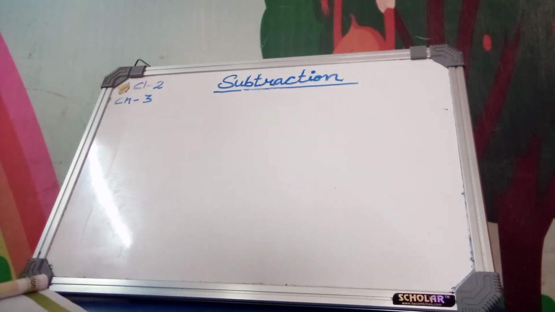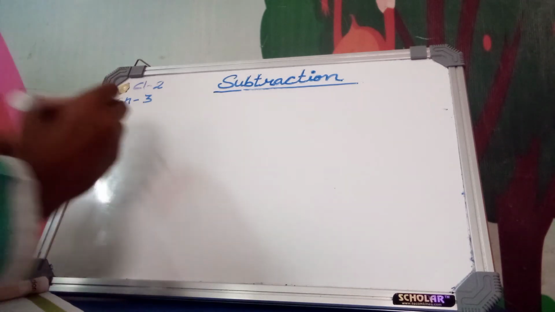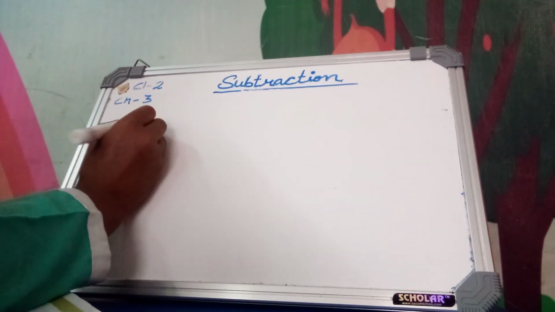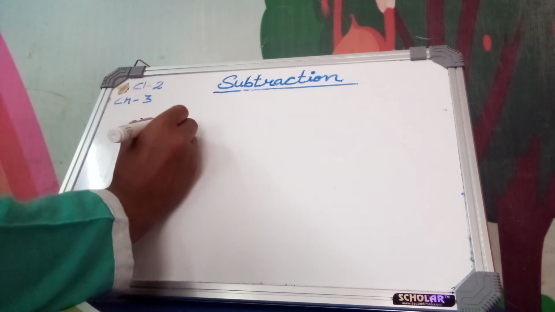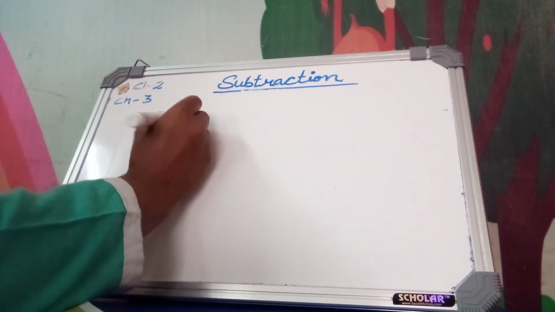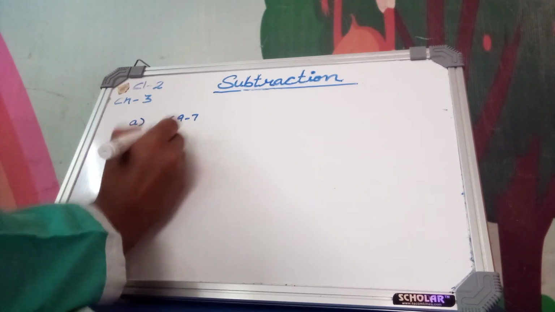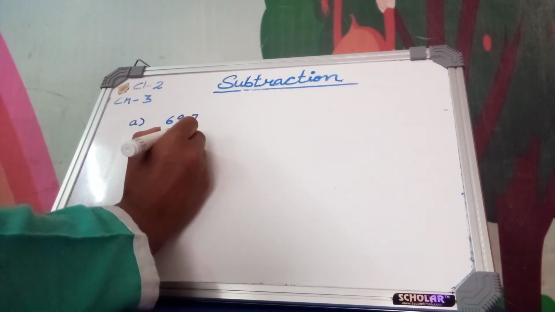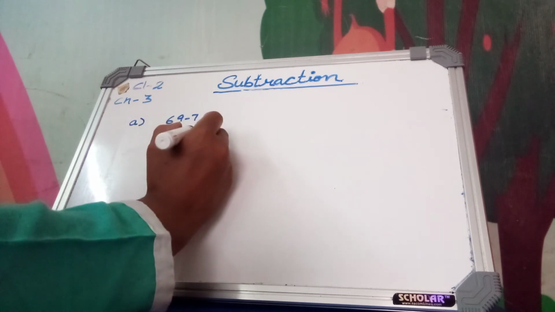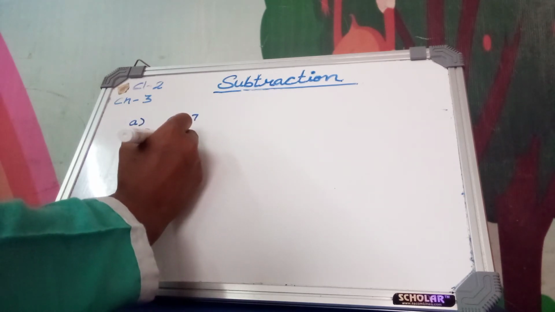Count backward and write the answer. 69 minus 7. 69. Here we count backward.